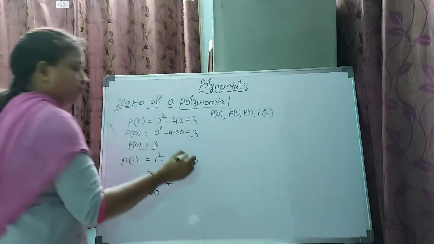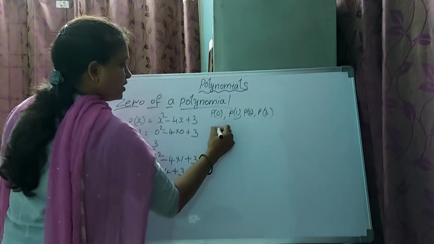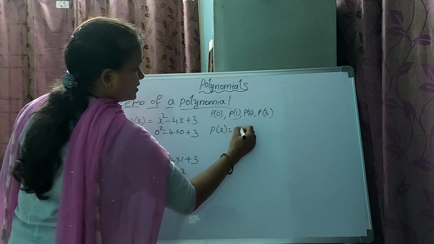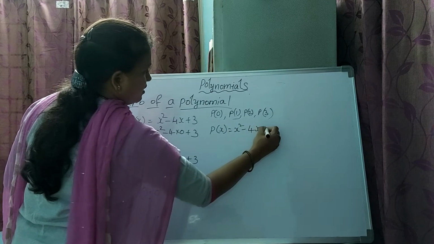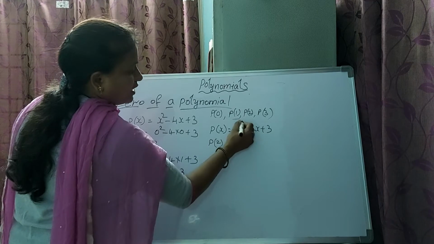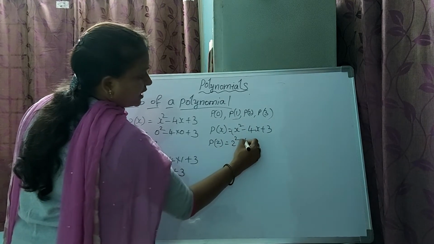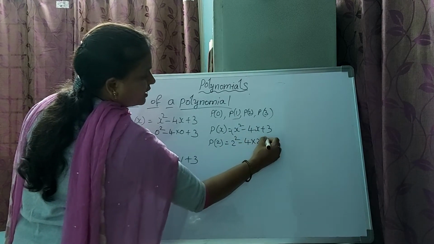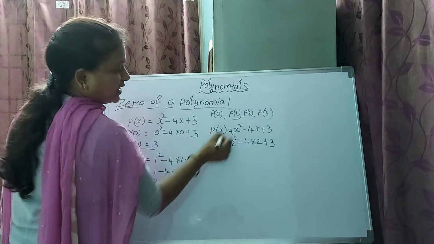Next, we will see P of 2. P of x is equal to x square minus 4x plus 3. You put 2 for x: 2 square minus 4 into 2 plus 3. Instead of x we are putting 2.